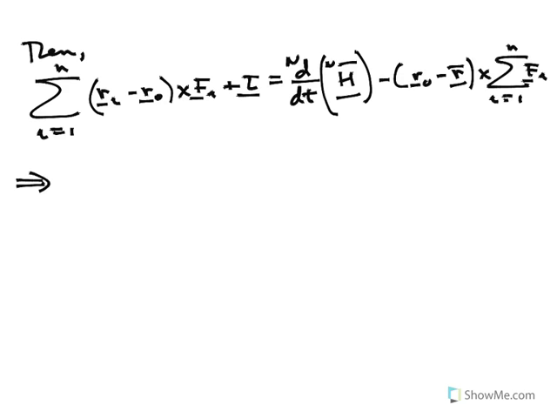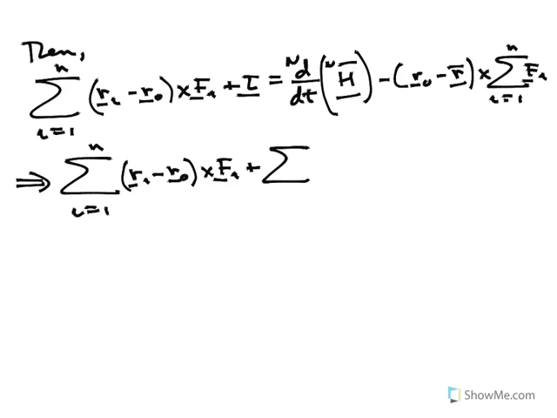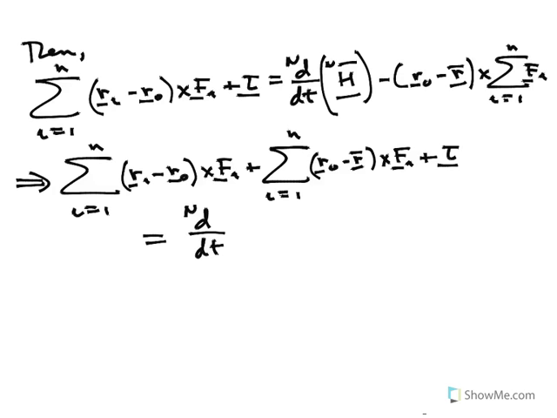So this gives the sum from i equals 1 to n of Ri minus Ro crossed with Fi, and then I can add over this. I get plus, and I can bring this whole thing to the inside. So I get the sum from i equals 1 to n of Ro minus R bar crossed with Fi. I just brought that last term over to the other side. Plus tau is equal to the rate of change in n of h bar in n.